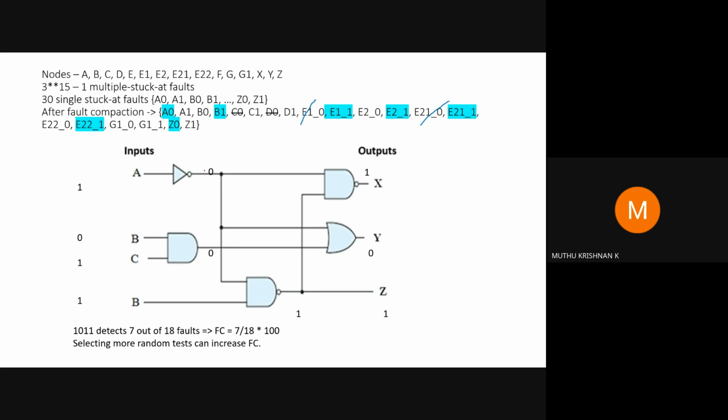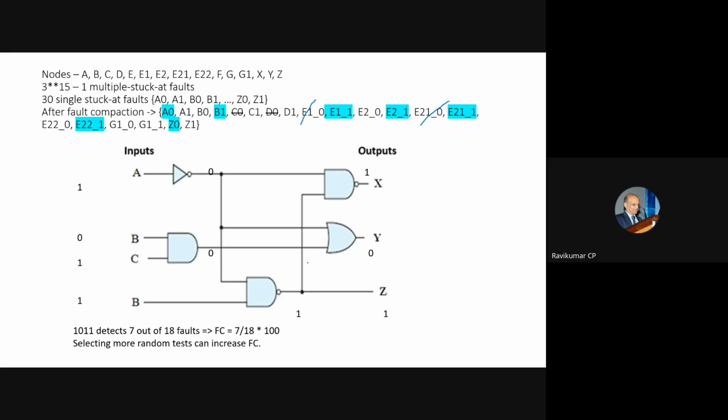Sir, this automatic test pattern generator, is it hardware or software? It's a software. The software will read the description of the circuit. I can tell the software how these wires are all connected, how the inputs are connected to the NOT gate, etc. That is known as a netlist.